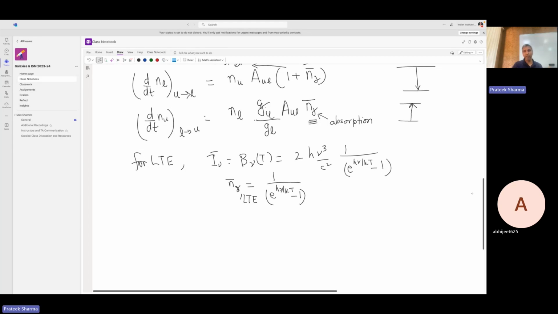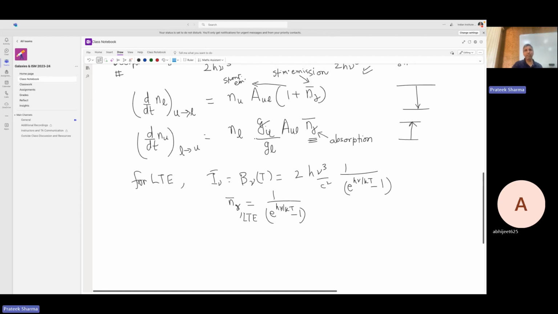So when can you ignore stimulated emission? You can ignore stimulated emission when n gamma bar is much less than 1. If n gamma bar is much less than 1, you can ignore this relative to this term. When does this become much less than 1? At high frequencies, if h nu by kT is much greater than 1.